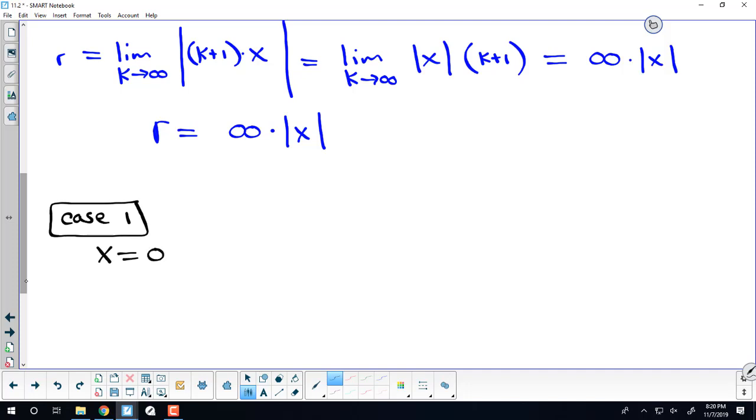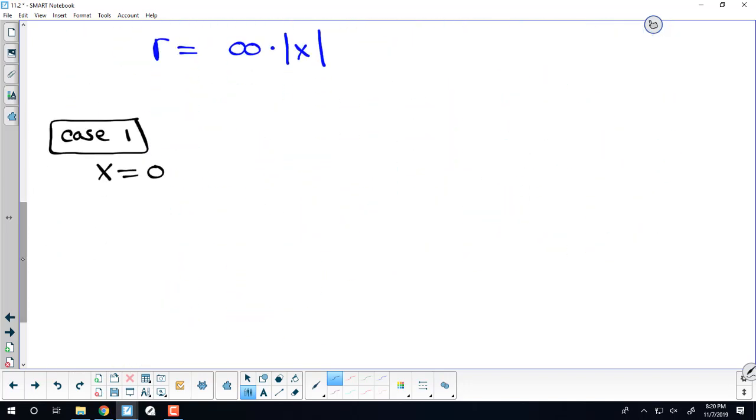One, x can be 0, and if x is 0, what happens? It's always 0, right? Which means the series would converge. If x is equal to 0, then the sum is 0.